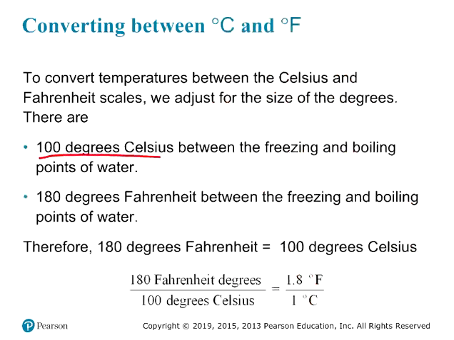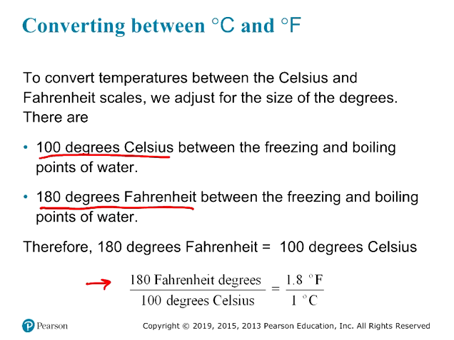So 100 degrees Celsius for every 180 degrees Fahrenheit. So what we'll do is take the ratio of those two scales. We're going to divide 180 Fahrenheit degrees by 100 degrees Celsius, and that gives us a ratio of 1.8 degrees Fahrenheit to 1 degree Celsius.